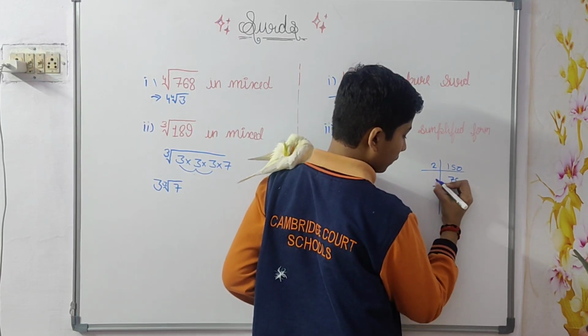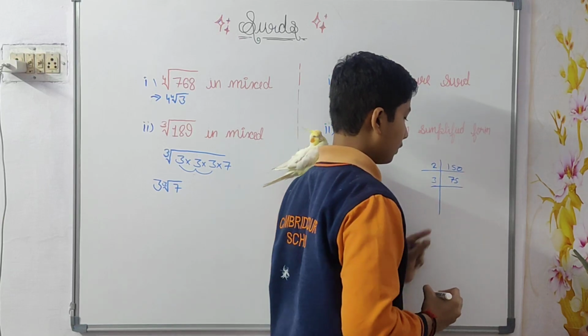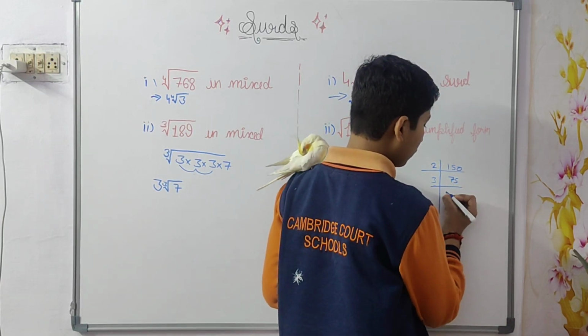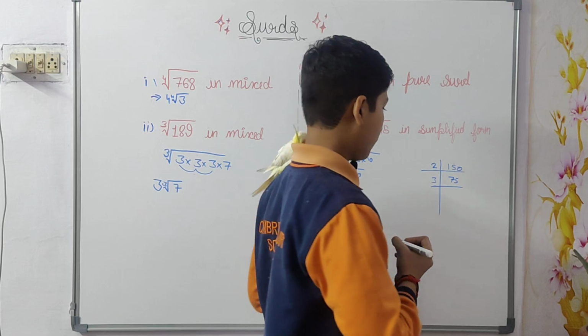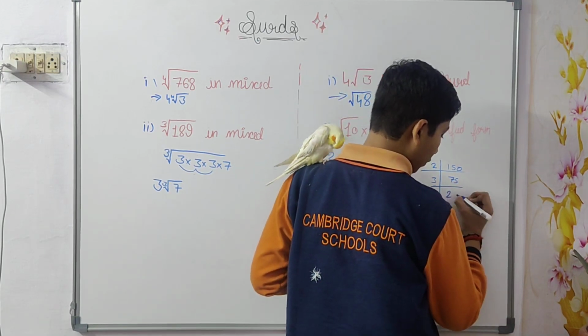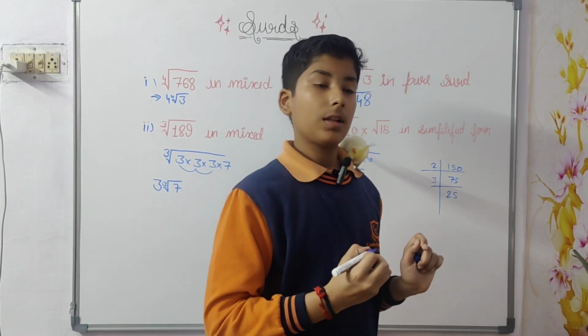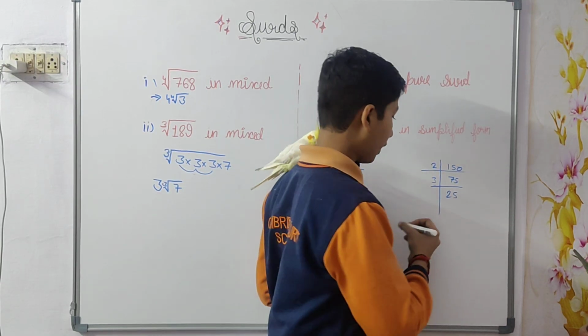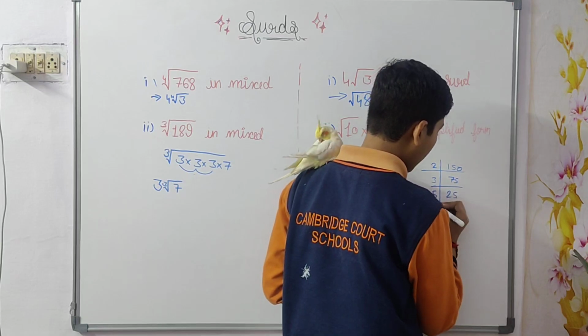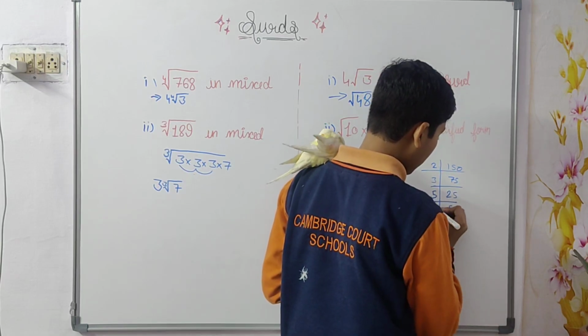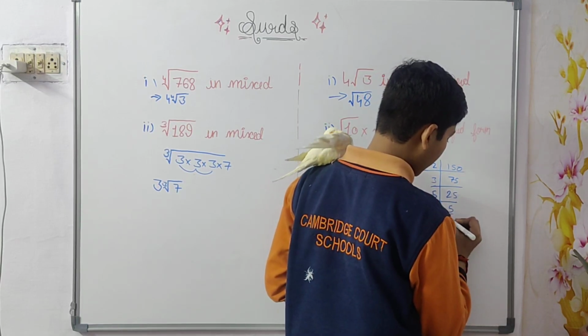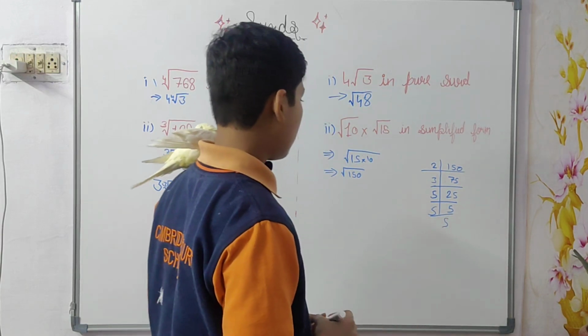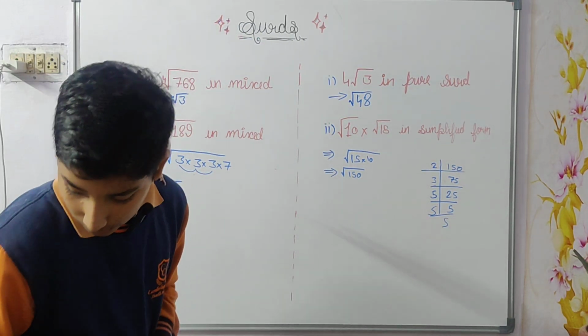3 into 25. Now what is left? Now it is not getting divided by anything except 5. So 5 is taken, 5 comes here. Now once more 5 is taken, 5 again comes here.